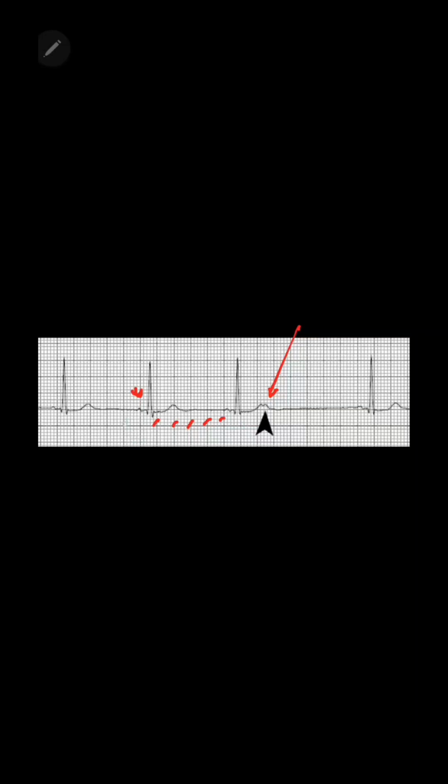Even if you count backwards, 1, 2, 3, 4, 5, that's where the previous one was. So that means the next one should be 1, 2, 3, 4, 5. The next one should come here. However, it came early right here. And for that reason, it came prematurely. So this is another example of a premature atrial complex that was blocked.